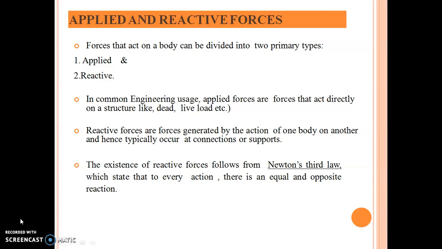The existence of a reactive force can be identified with the help of Newton's third law. What is Newton's third law? It states that for every action there is an equal and opposite reaction. That is related to reactive force.